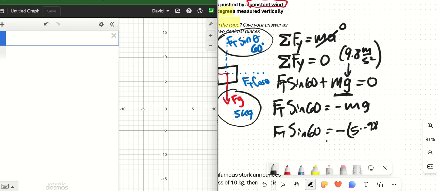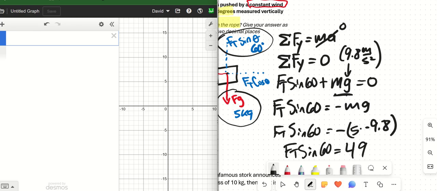Get some more room right here. So negative 9.8 is our acceleration due to gravity. Negative 9.8 times 5 gives us negative 49, but I have a negative on the outside. Negative times a negative gives us a positive, so 49 is equal to F_T sine 60.